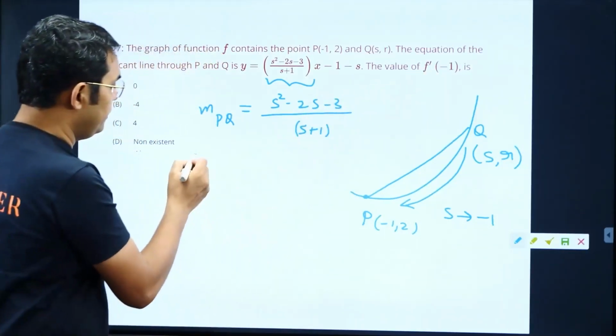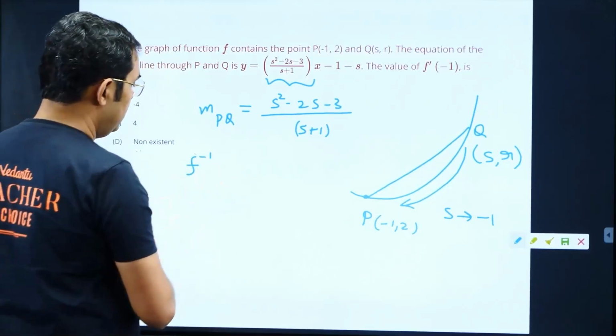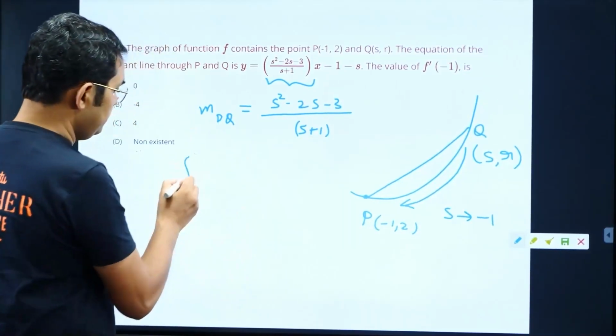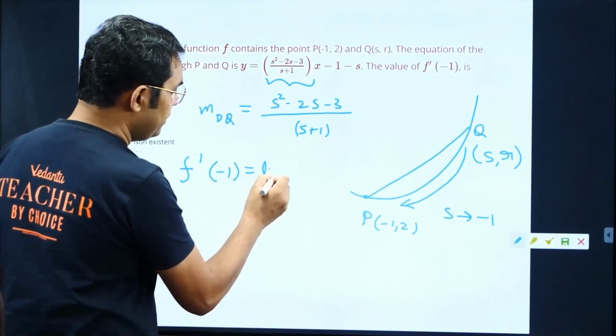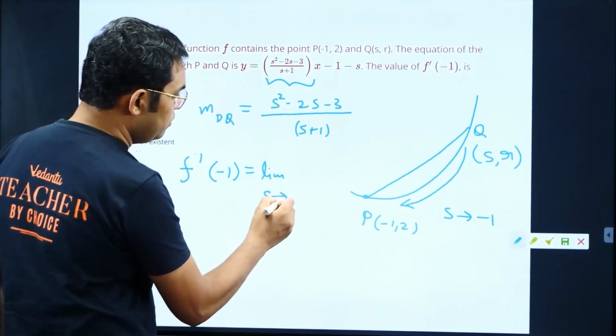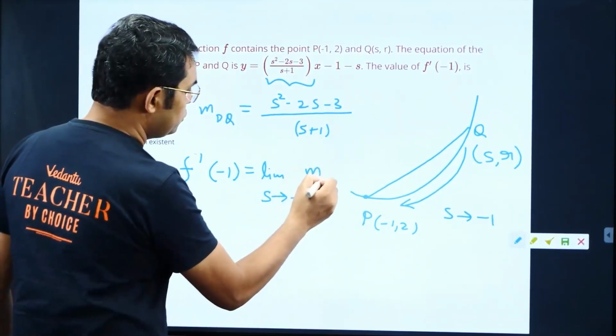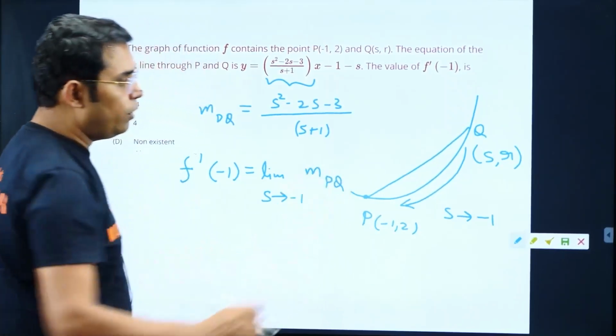So f dash of minus 1 is actually equal to the limit as s approaches minus 1 of the slope of PQ.